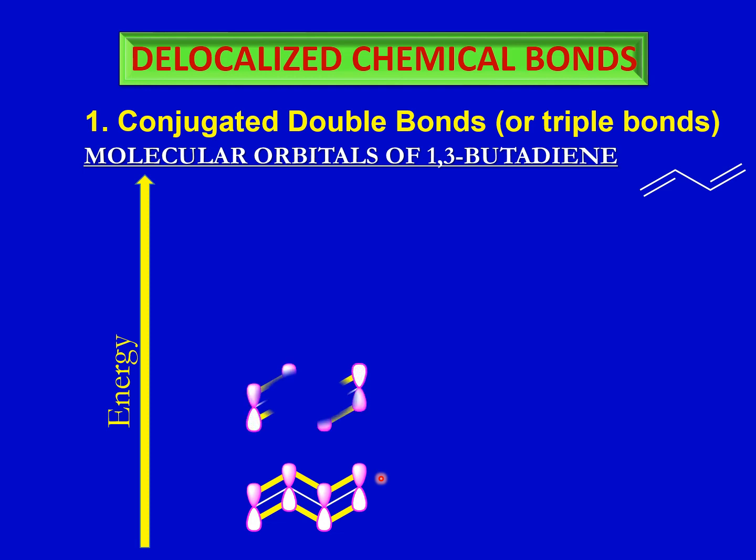In the second orbital that could be formed in 1,3-butadiene, we have a nodal plane right in the center of the molecule. You see this red dot here, this is the nodal plane. Remember that the wave functions of orbitals across the nodal plane are opposite. You see here, the shaded part of all the orbitals is above the sigma framework, and the unshaded part is below the sigma framework.